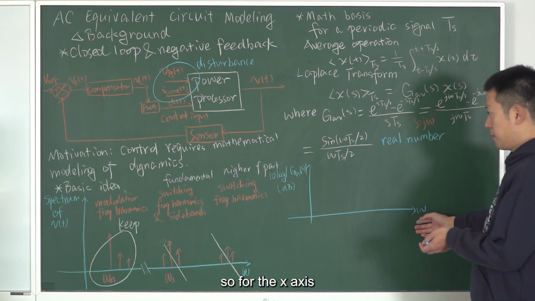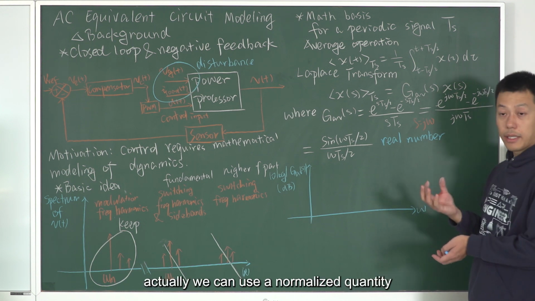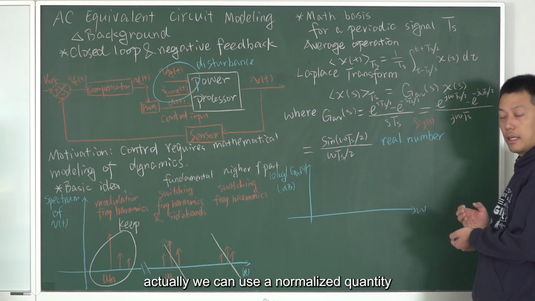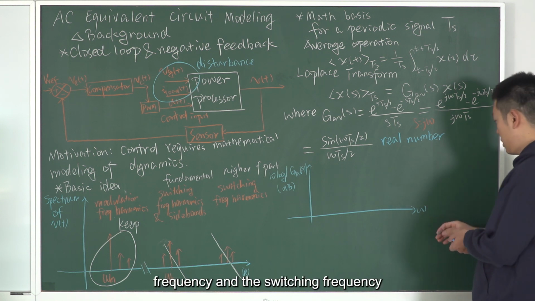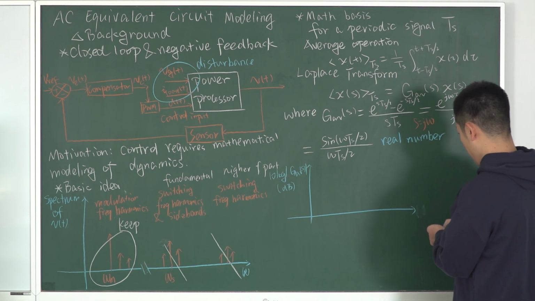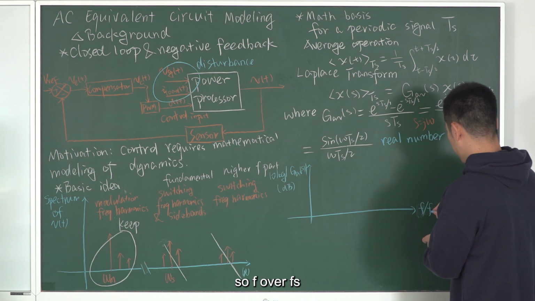For the x-axis, we can use a normalized quantity, the ratio between the frequency and the switching frequency, f over fs.